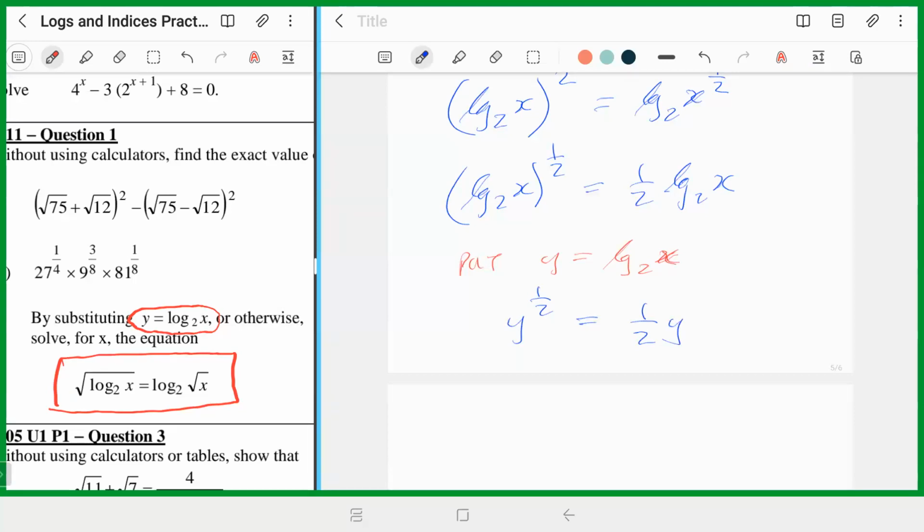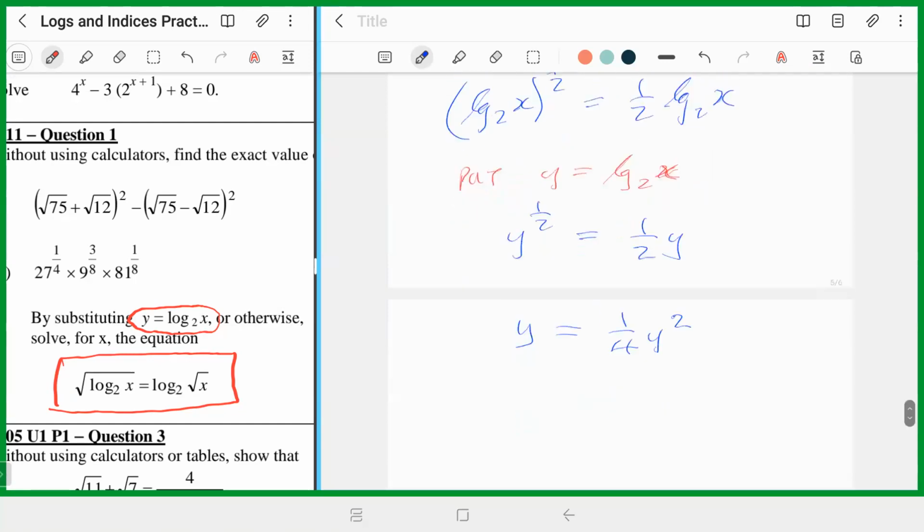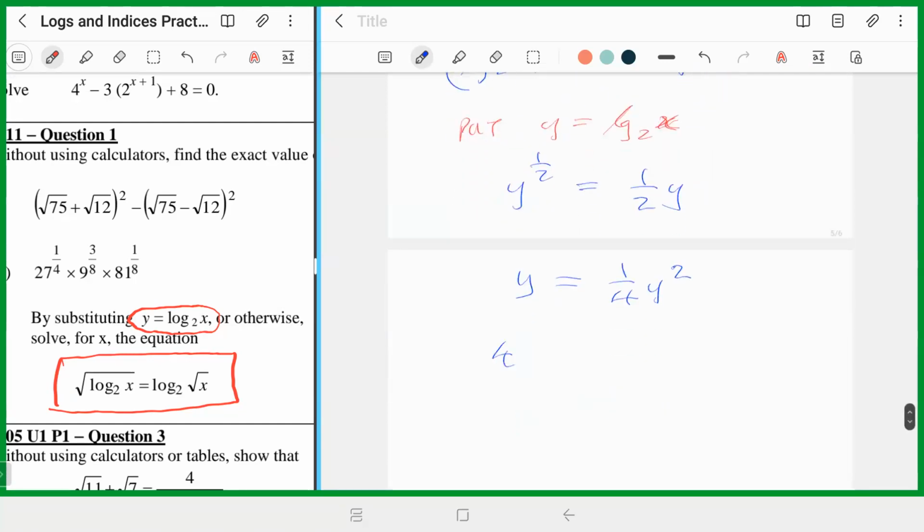We're not going to work with half, so we're going to square both sides. If we square both sides, this side becomes y, and this side becomes a quarter y squared. Good? Don't work with fractions, we get 4y equals y squared.